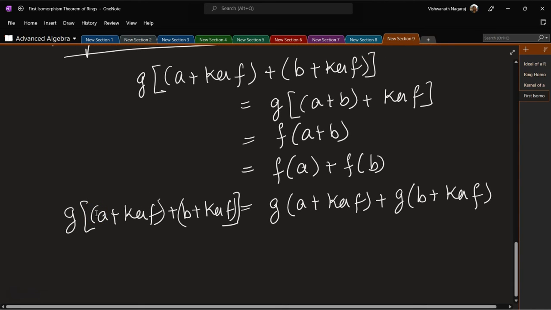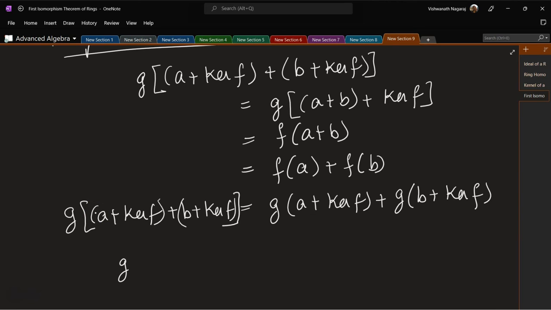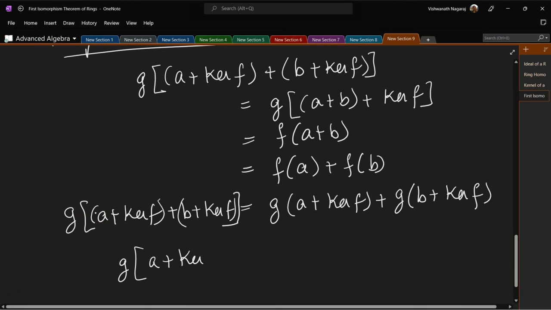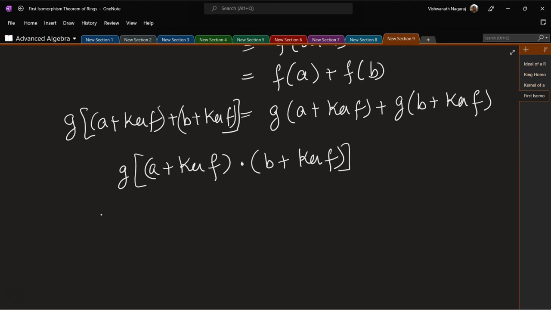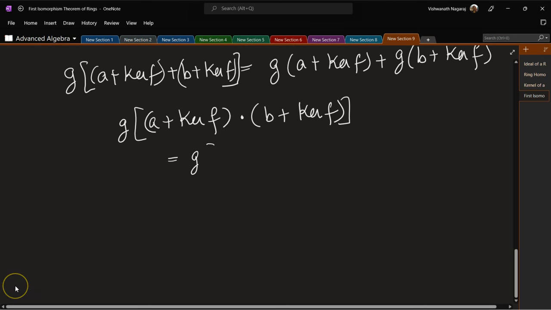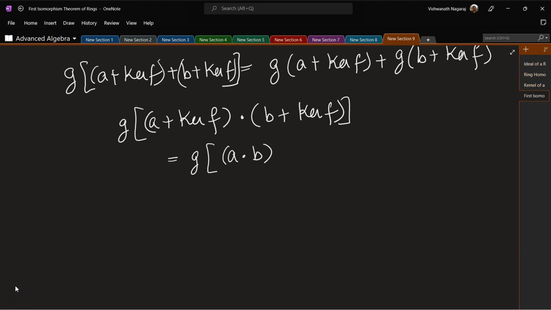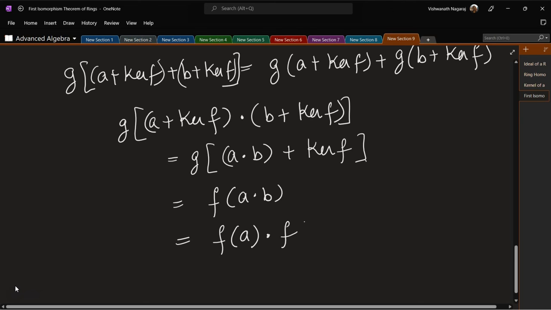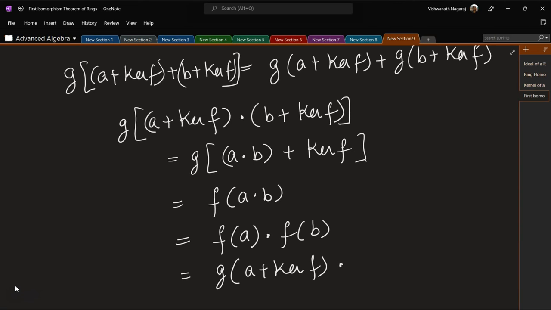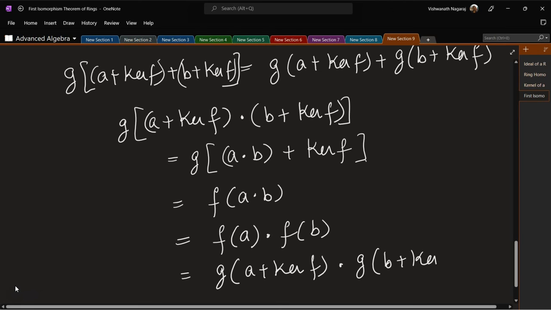Now we have to do the same thing with respect to multiplication. So G of A plus kernel of f times B plus kernel of f can be written as G of A times B plus kernel of f, and this can be written as f of A times B. This can be split into f of A times f of B, where f of A is G of A plus kernel of f and f of B is G of B plus kernel of f.